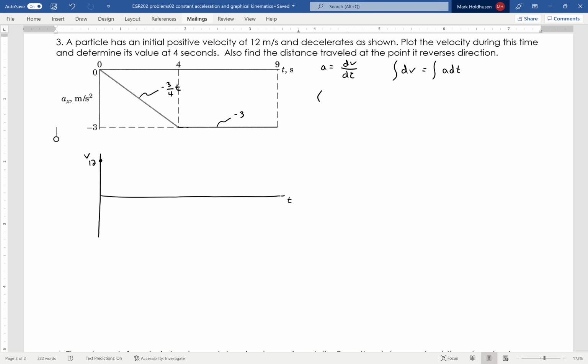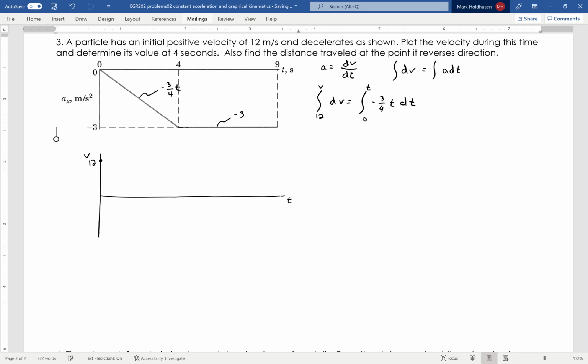So I'm going to basically integrate my acceleration equation to get to my velocity equation. I'm going to integrate dv from 12 up to some unknown velocity, and then I'm going to integrate over time, from 0 to t, of the acceleration, which will be -3/4 t dt, like so.